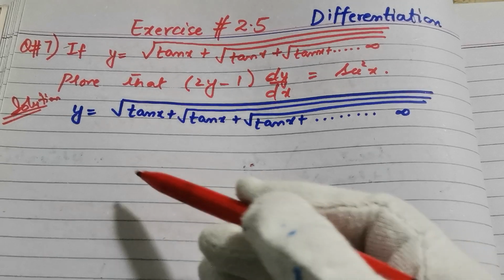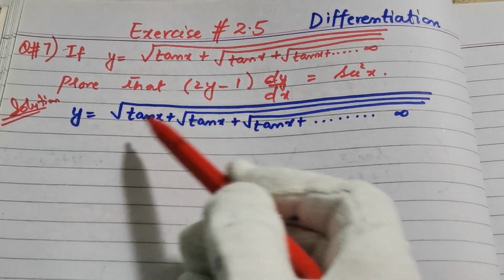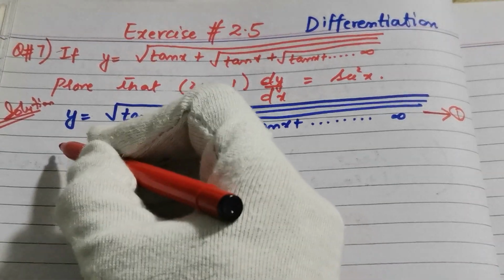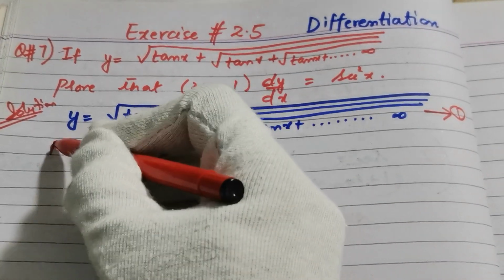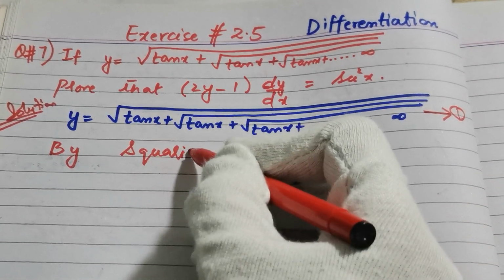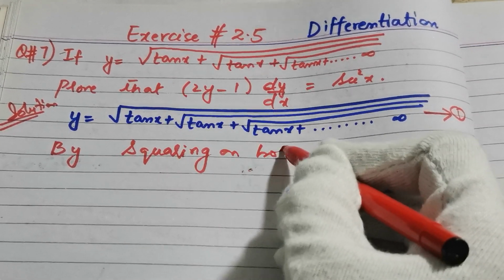So first of all, what we will write? y is equal to this term, and we name it equation 1. How to solve this? By squaring on both sides.